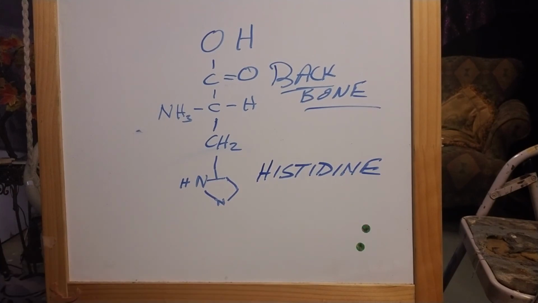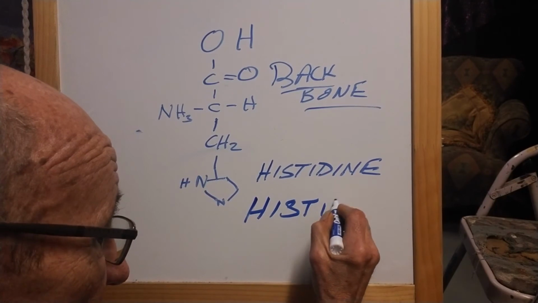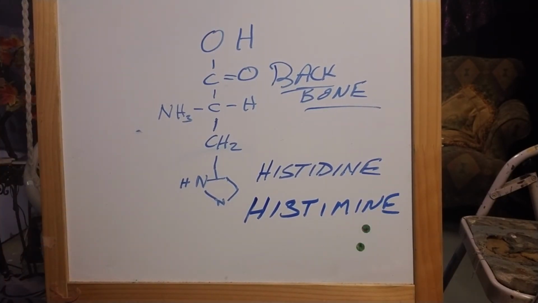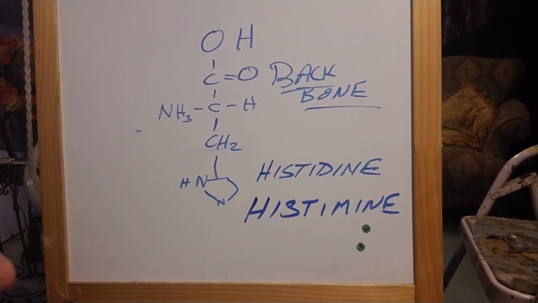Histidine is the precursor for, you probably have heard of it, histamine, which is what makes you miserable and gives you a runny nose. When you get sick, the histamine gets produced, and that's what causes the runny nose and blowing your nose constantly, and it lets loose all the mucus generating glands in your body. So there's a connection there.